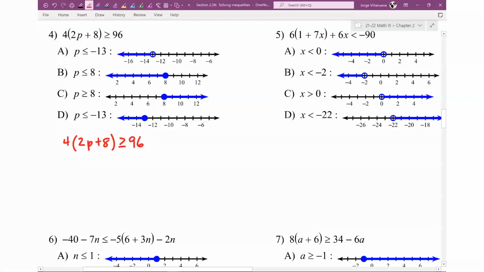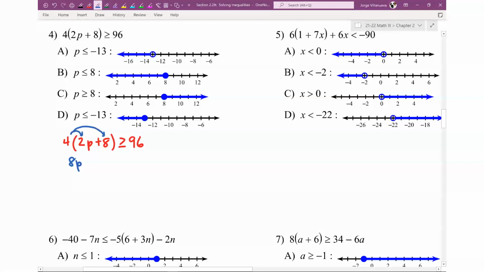All right, I gotta solve for p right here. Now, people will do one of two things. Some of you guys might say, I'm gonna distribute, which is fine. Some of you guys might say, I'm gonna divide everything by 4, which is also fine because there's a 4 in the front. But most of you guys will probably distribute. So let's go ahead and do that. We're gonna distribute. So 4 times 2, that's 8p.